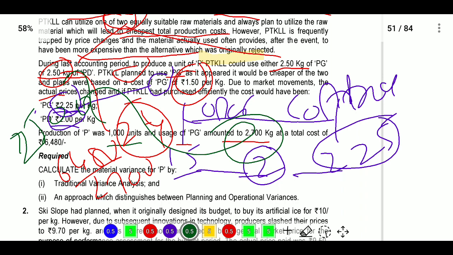For usage variance, 2500 minus 2700 into which rate will we take? Rate always means budgeted, which is 1.5. Next, the price variance is 1.5 minus 2.4 into quantity. Which quantity will we take? Always the actual quantity, that is 2700. So we got the traditional variance.